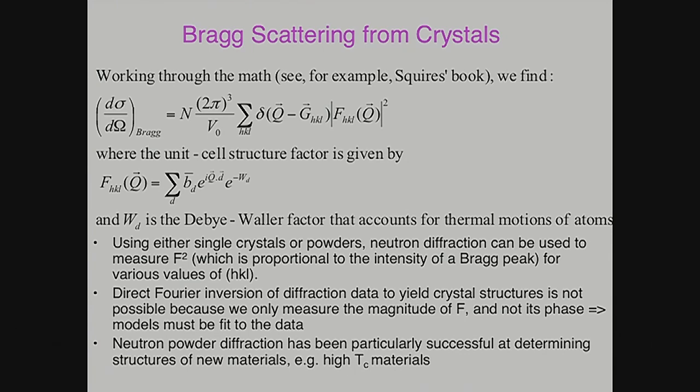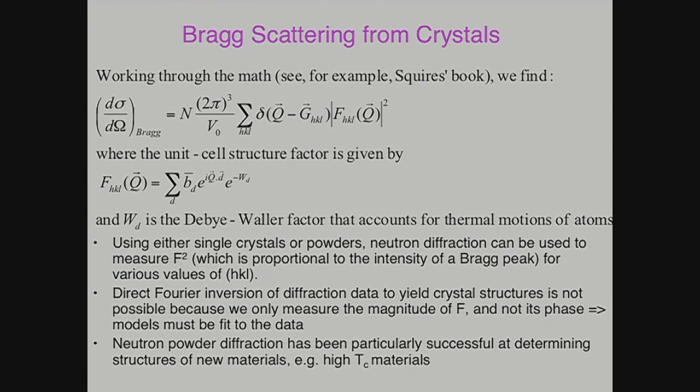If you're interested in diffraction. So now we come back to this expression for the differential cross section, and for this Bragg scattering, what does that look like? Well, it has this factor here, which is just the one we recognized.